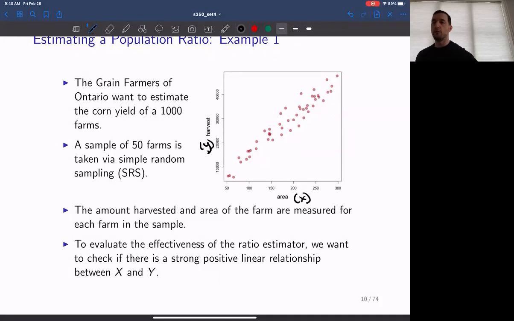Okay, when we use ratio estimation, we need there to be evidence of a linear relationship. So earlier in the lecture, I noted briefly that this technique works best when there's a strong correlation between the variable of interest and the auxiliary variable. When we say strong correlation, we mean linear correlation.